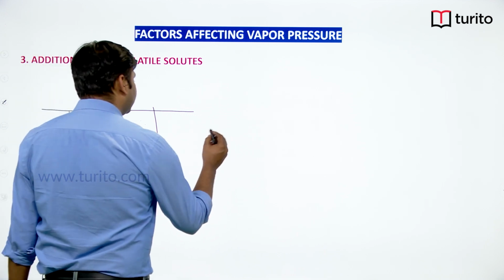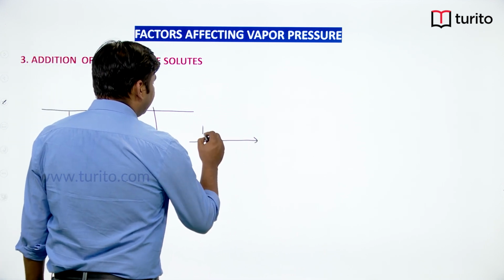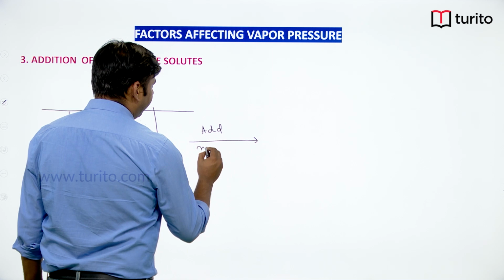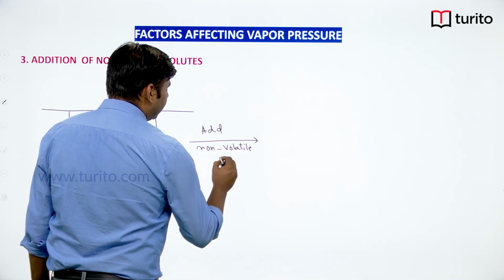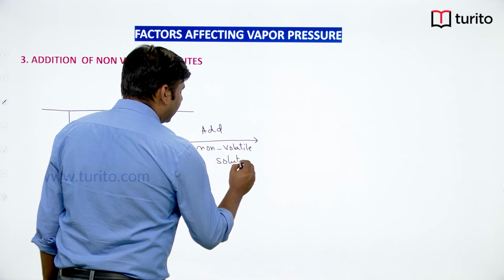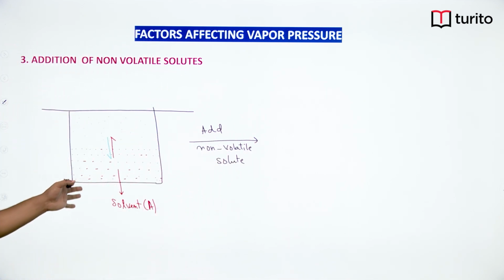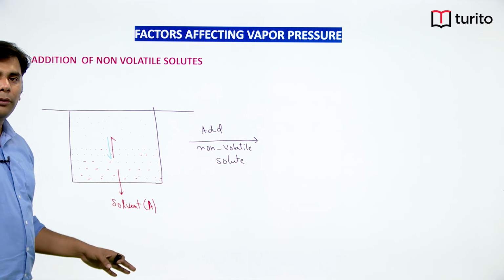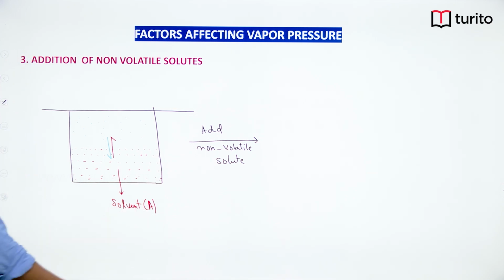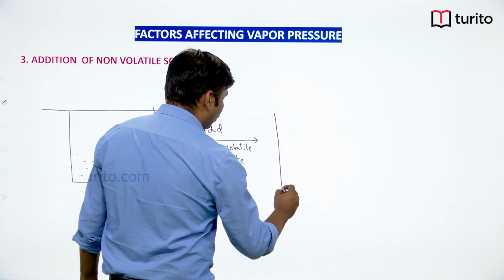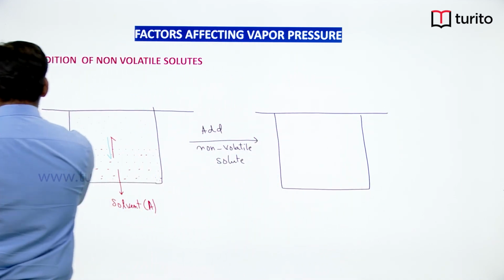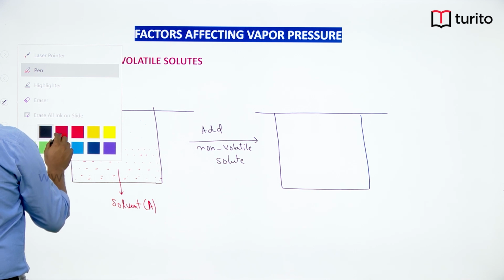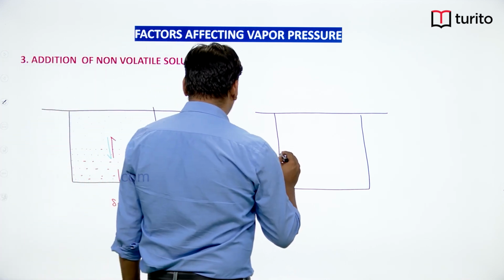Now suppose to this container we add some non-volatile substance or non-volatile solute. Non-volatile means that when you add this solute, it won't form any vapor. So we knew that this only had solvent initially.